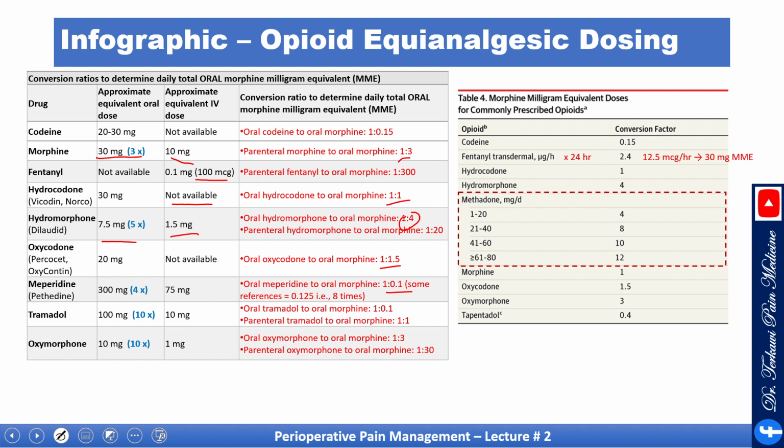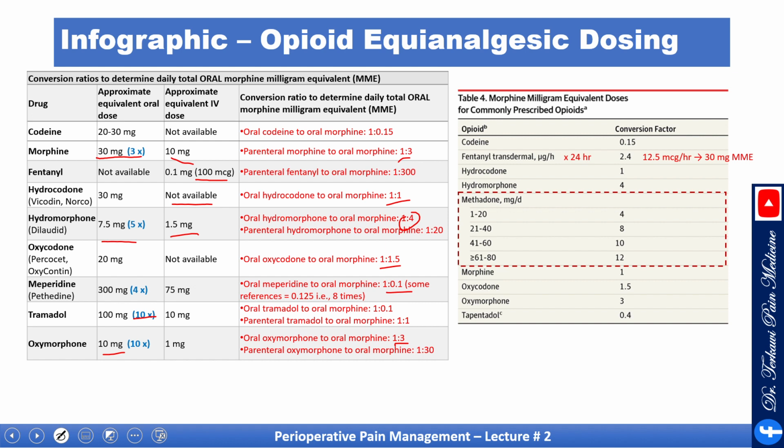Tramadol, again, the IV is 10 times more than the oral, and it is 10 times less potent than morphine. Oxymorphone, 10 times, and it's 3 times more than the oral morphine.